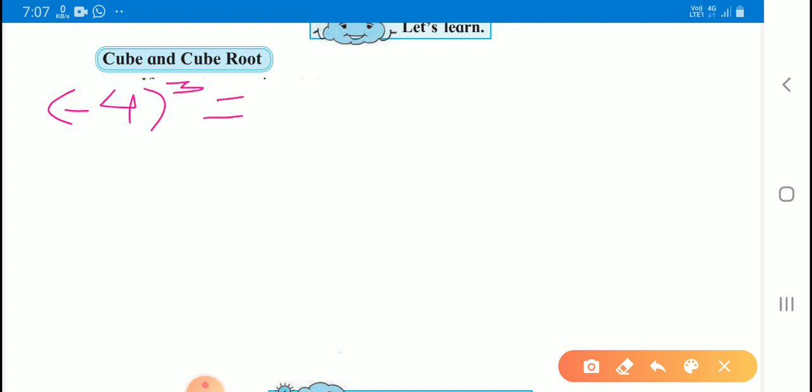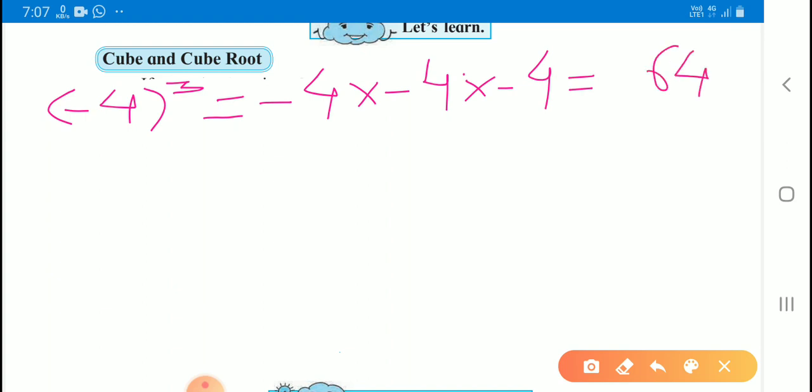How to find? Look here, you have to write negative 4 into negative 4 into negative 4. We have seen the cube of 4 is 64. Negative negative will become positive, and the third time negative, so your answer will contain a negative sign.